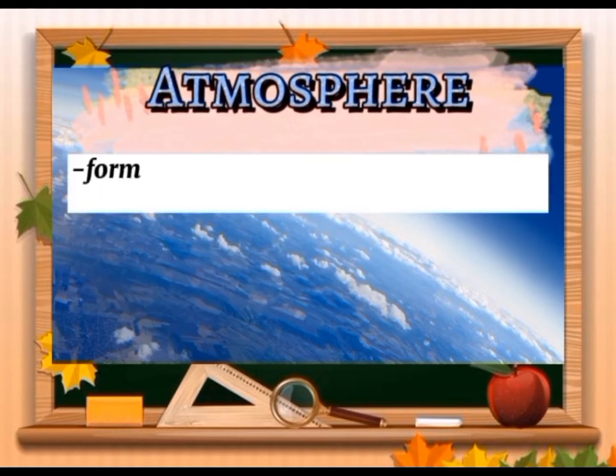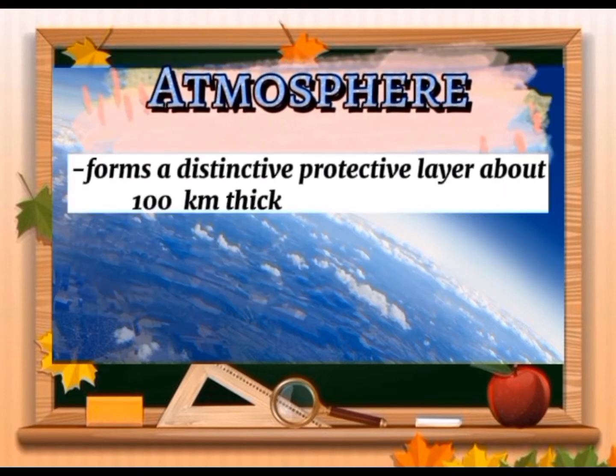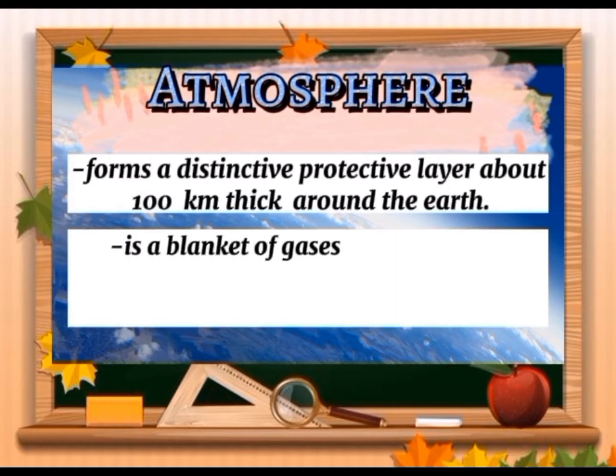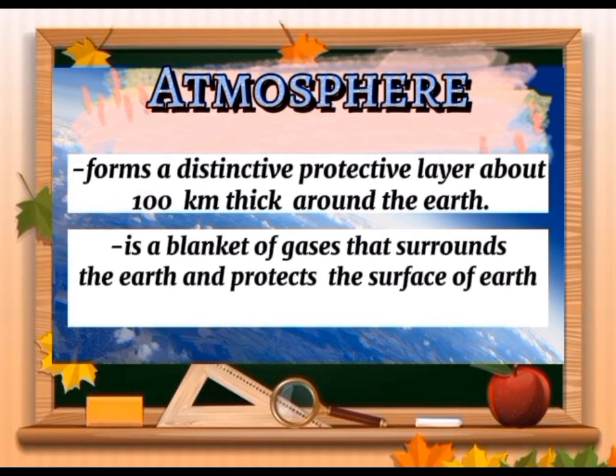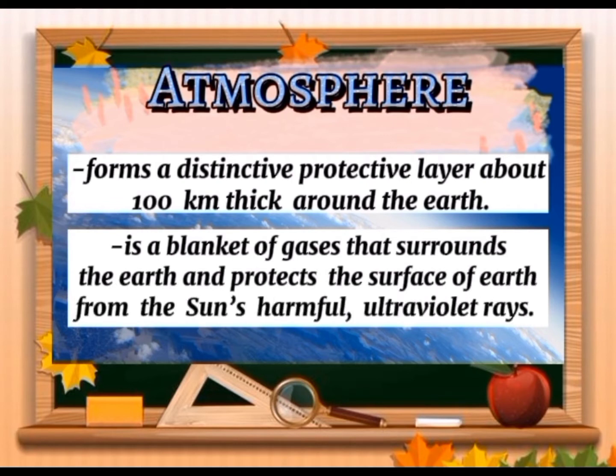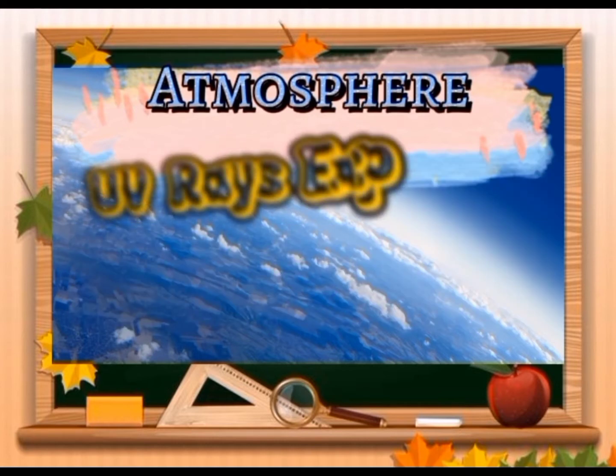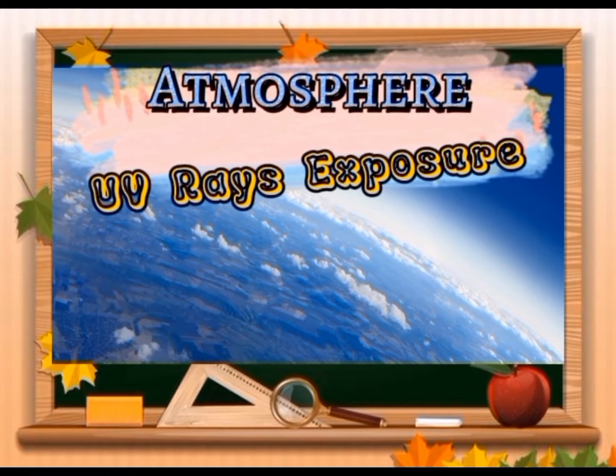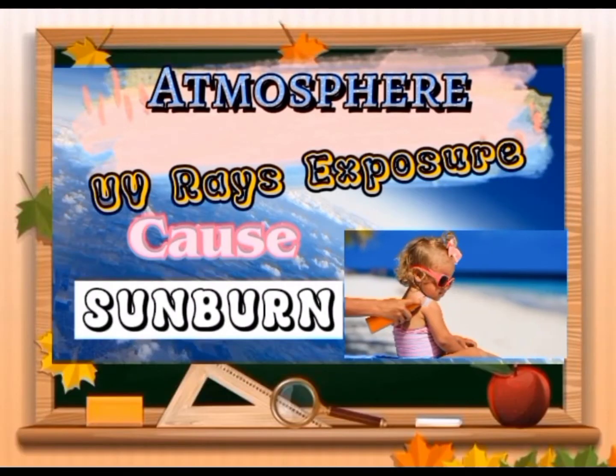Atmosphere forms a distinctive protective layer about 100 kilometers thick around the Earth. It is a blanket of gases that surrounds the Earth and protects the surface of Earth from the sun's harmful ultraviolet rays. Exposure to UV rays can cause sunburn, premature aging of the skin, and signs of sun damage.